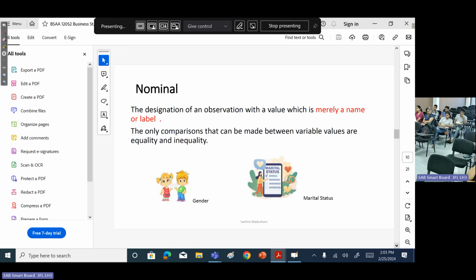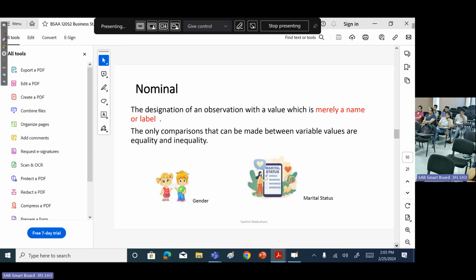The designation of an observation with a value which is merely named or labeled. Nominal level of measurement can be labeled, and we can take the count of each category. That is enough. The only comparison that can be made between variable values is equality and inequality. Examples are gender and marital status.